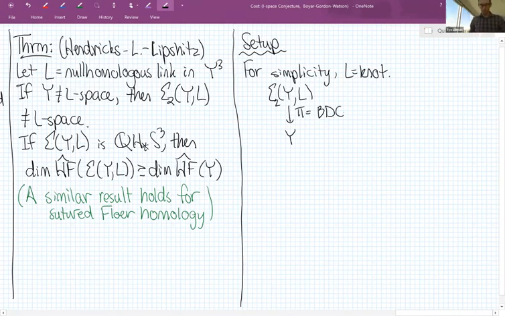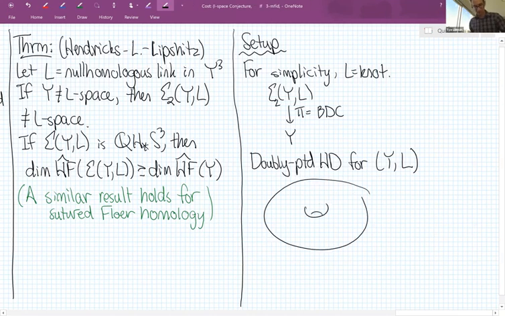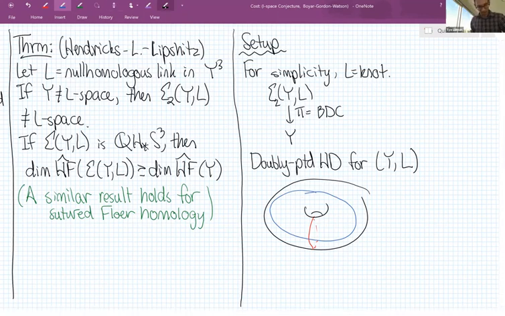And so what we'll do is we pick a doubly pointed Heegaard diagram for Y and L. So that's just a Heegaard diagram for the three-manifold that somehow knows about this knot L. So we basically take the original diagram that we had and we have an extra base point in it.